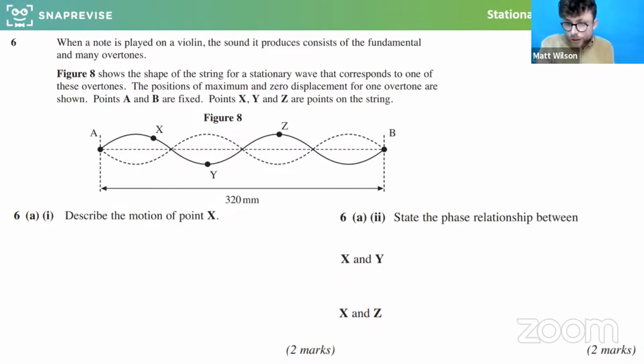Okay, so the key thing here is often when people think of waves moving around, they imagine that maybe the points could be moving to the left or right or something. That would be true for a longitudinal wave, but this is a transverse wave where the points stay fixed and just go up and down. So the first thing they want to know about the motion of X here is that this point X is just going up and down.